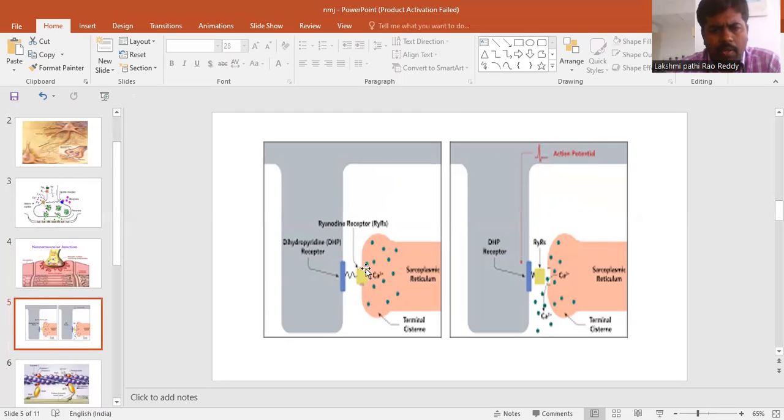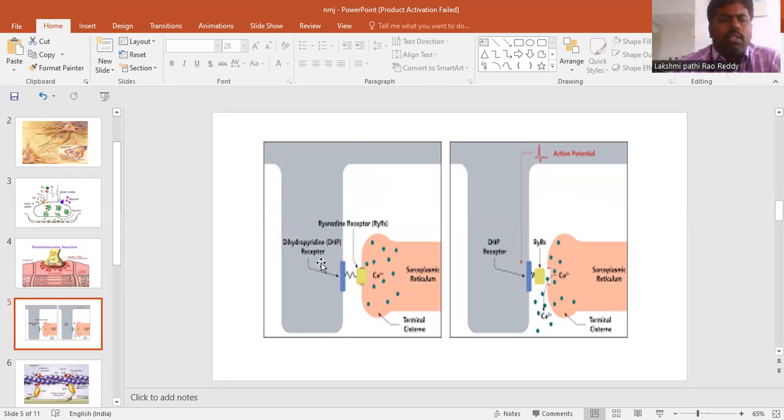So when the ryanodine receptor is activated, the calcium is released and further utilized for the contraction of the muscle.